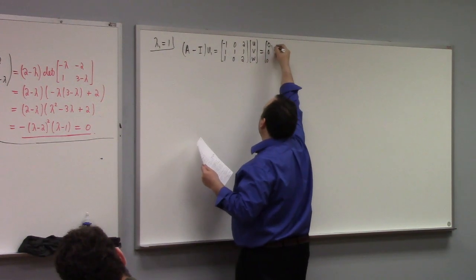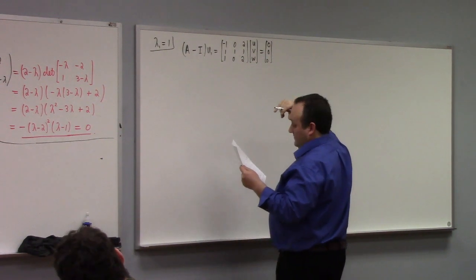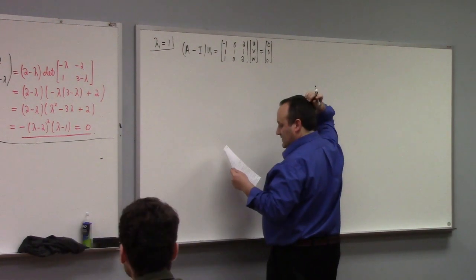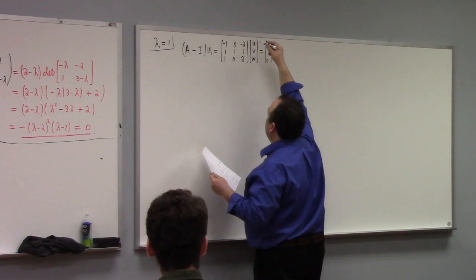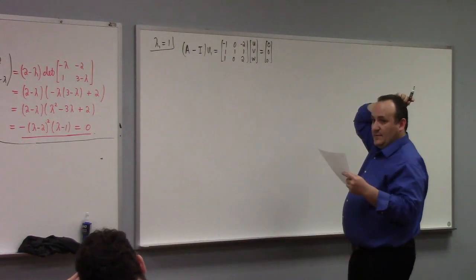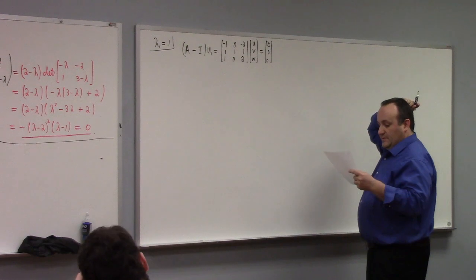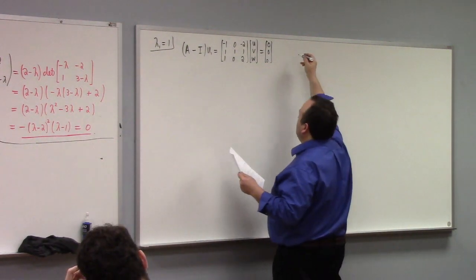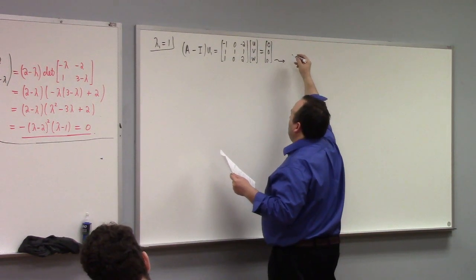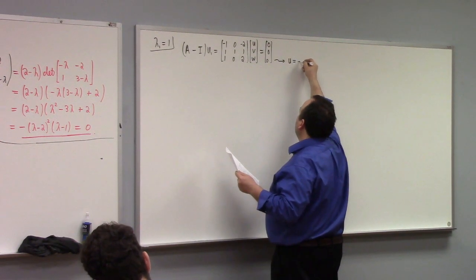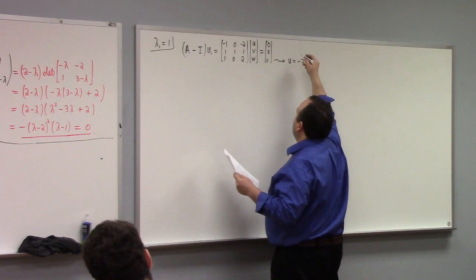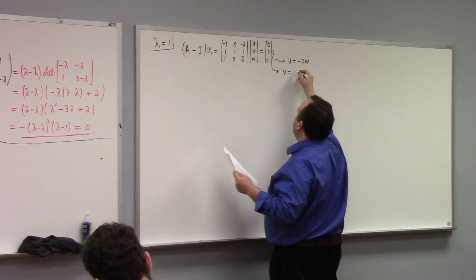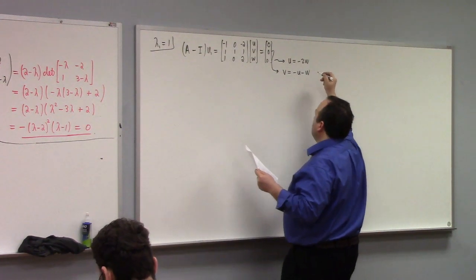Do we need row reduction for this one? I don't think so. Rows 1 and 3 are really the same equation. The middle row is a separate but different equation. So a procedure to solve this is just take the last one. I get U is minus 2W, right? And then from the middle equation, I get V is equal to minus U minus W, right?